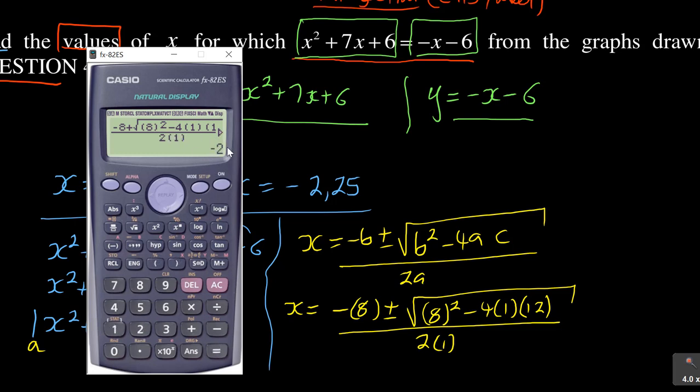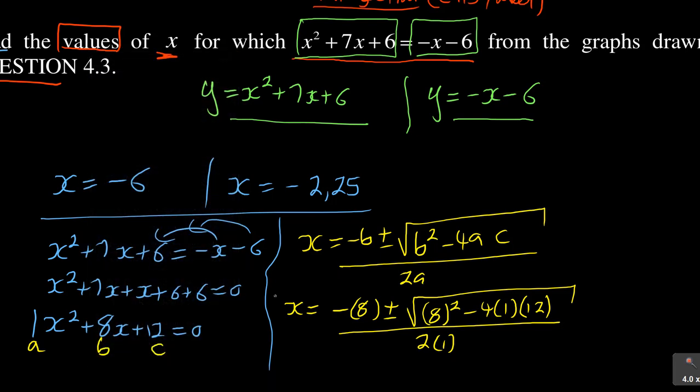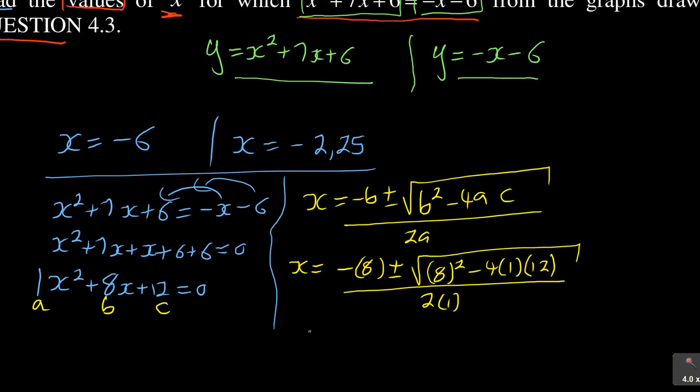So the first one is x is equal to minus 2. And then play back and say negative, and then x is equal to minus 6. So you have got two values of x here, which is x is equal to minus 2 or x is equal to negative 6. So now you know the actual values.